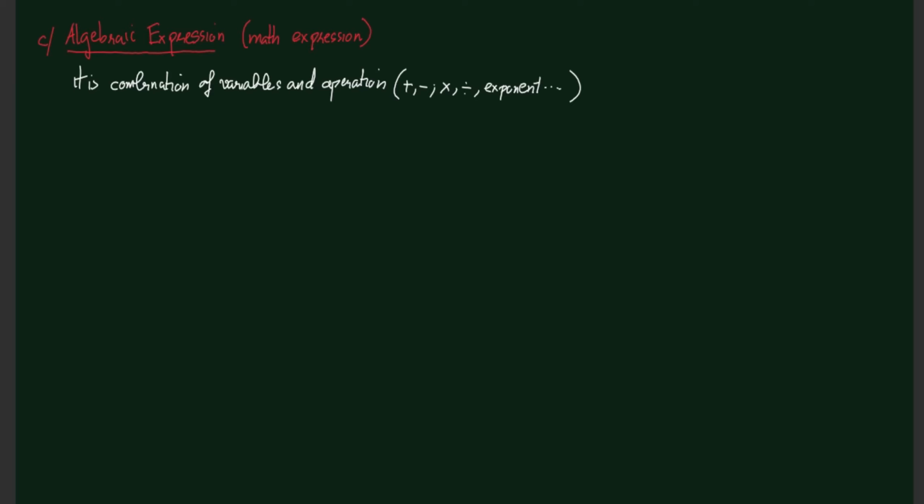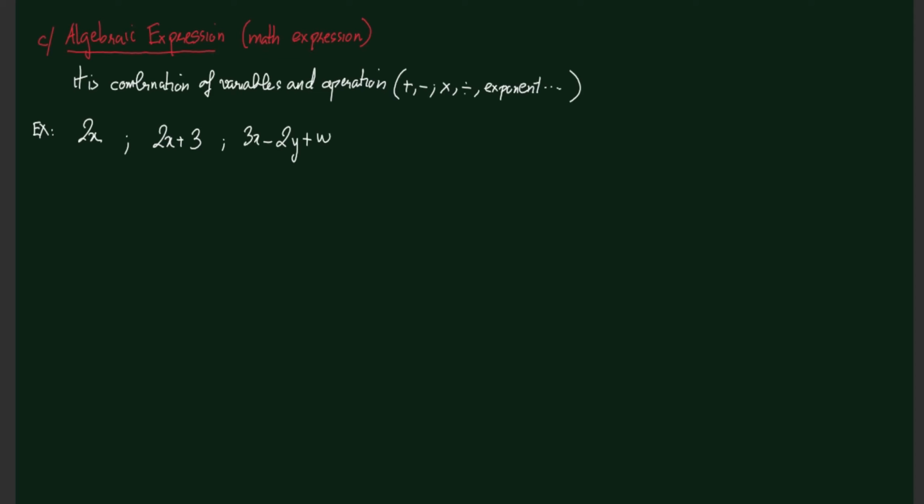So for example, this is an algebraic expression. For example, I have 2x. 2x is an expression, or I can have 2x added to a number, or I can have 3x minus 2y plus w.